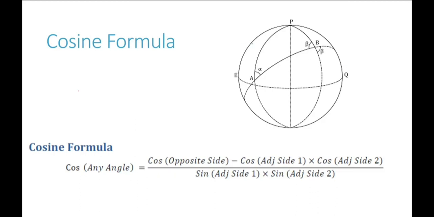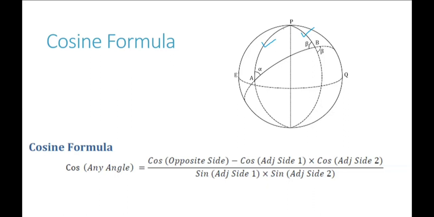So let us say this side is known to us and this side is also known to us, PA and PB.